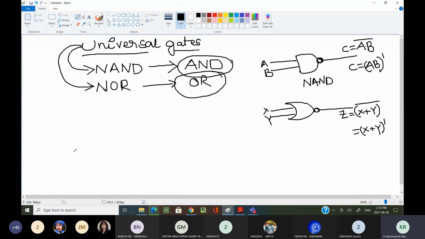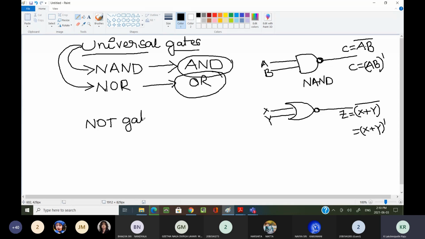Now I can give you one example of how we design a NOT gate by using a NAND gate. Suppose I want to design a NOT gate. The NOT gate is our basic gate.